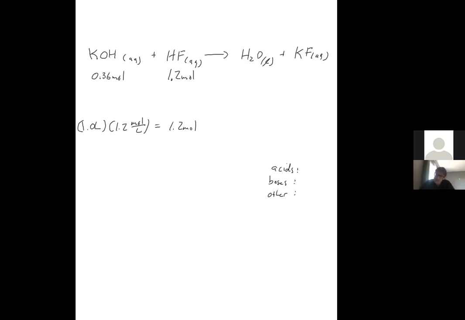It's the KOH, right? The KOH is the limiting reactant because it's a smaller number. The equation is balanced 1-to-1, so it is more complicated if it's a 2-to-1, then you have to take that into account. But since this is a 1-to-1 reaction between KOH and HF, you just look at the smaller number. So this is the limiting reactant.